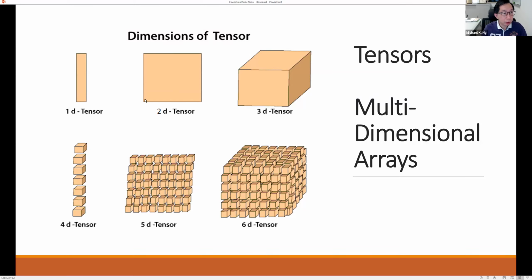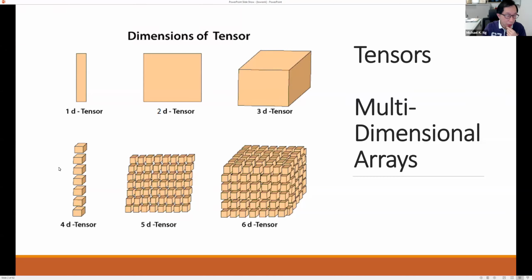So you see here, a vector is one-dimensional, a matrix is two-dimensional, and then you see a cube, where there are three directions. Of course, higher dimensions are more difficult to visualize.